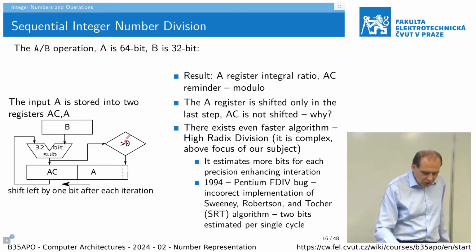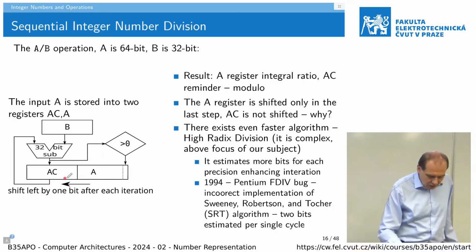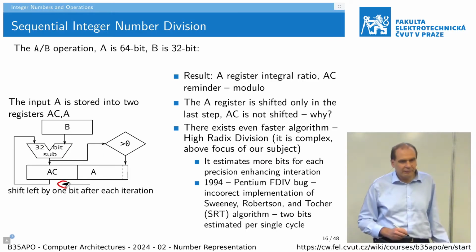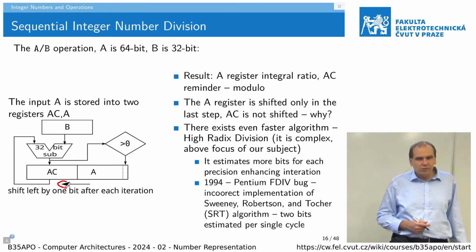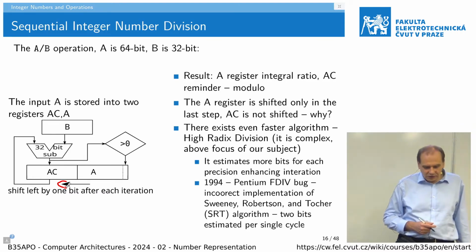If it is not bigger than 0, then we keep the original value, and only shift the result to the left. And this way we go in 32 cycles, and we get the result of the division.